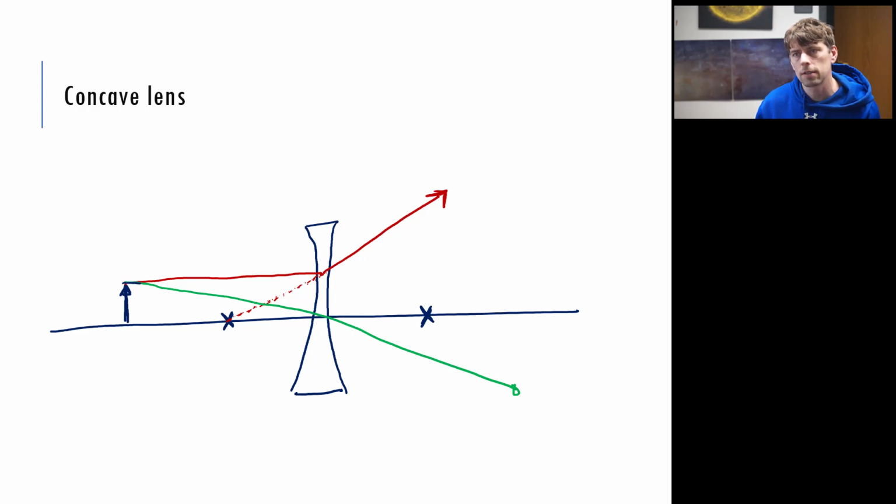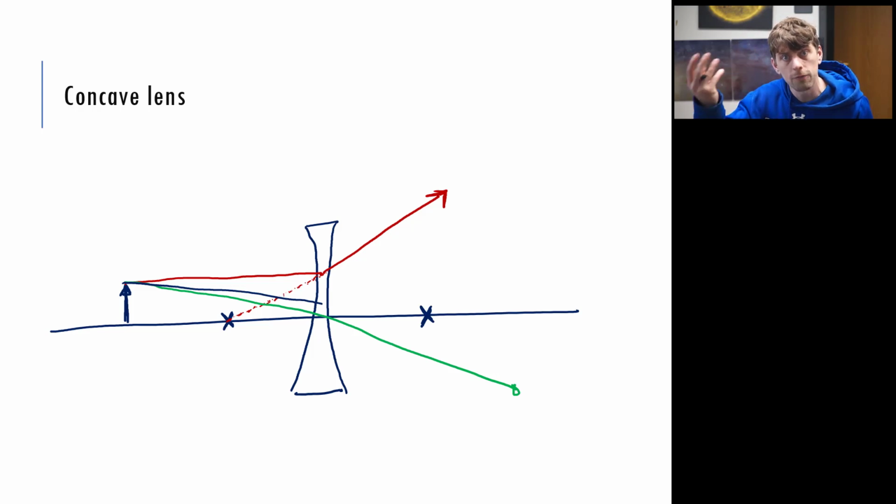It'll come directed at that focus. And when it intersects the lens, it will be deflected, quote unquote, away from the optical axis. And in fact, it's deflected in a manner that it emerges, so you can pretend it's going towards that focus, but it'll emerge parallel to the optical axis.